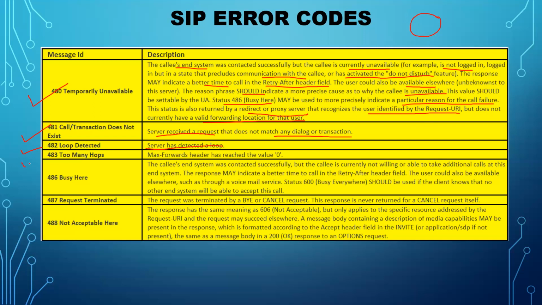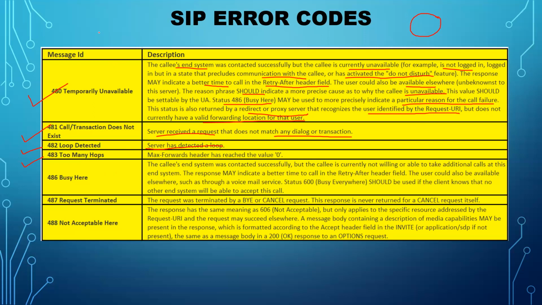Next we have 483 too many hops. It just rhymed with the loop, that's why I said too many hoops. So it's 483 too many hops. That means the Max-Forwards header has reached the value 0. So what is the Max-Forwards header?